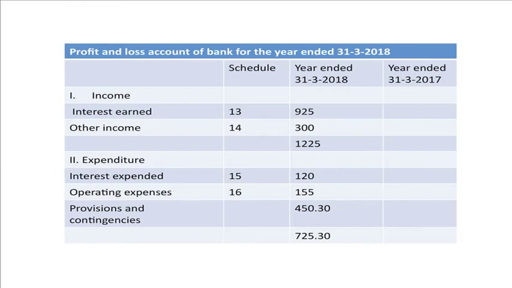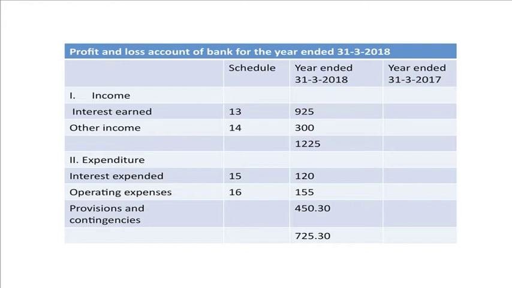Income, interest earned schedule 13 is 925, other incomes schedule 14 is 300. 925 plus 300 aggregates to 1225 in rupees thousands. Expenditure, interest expended we computed in schedule 15, it is placed over here, 120. Operating expenses total is 155 in schedule 16.